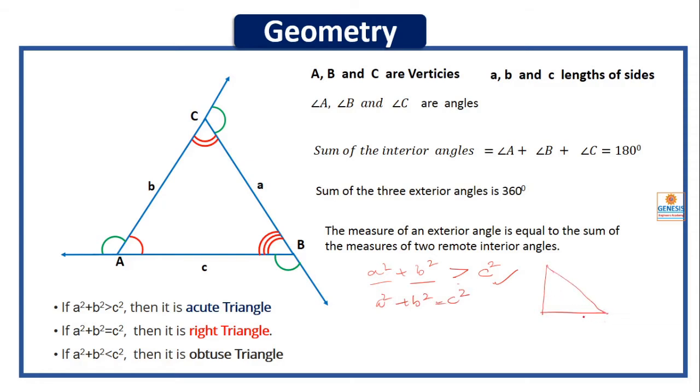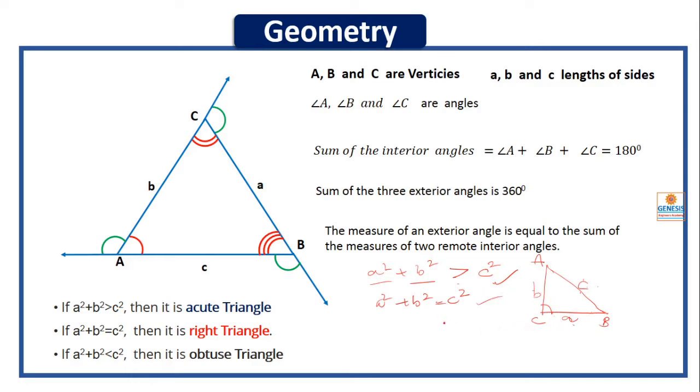Suppose this angle is C and it is 90 degrees. The side opposite to C is side C, and the other two are A and B. So this is A, this is B. What is the Pythagoras theorem? A square plus B square is equal to C square.